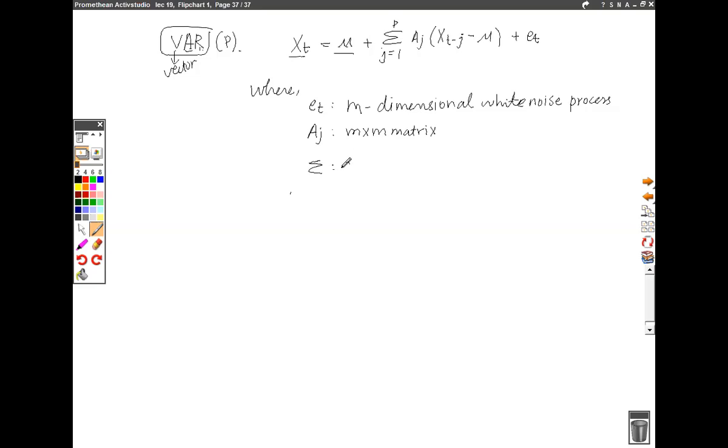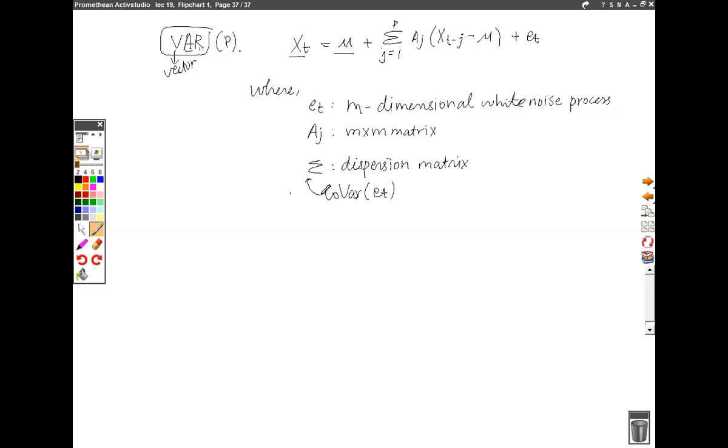It is this sigma here, and that is how you denote the dispersion matrix, which is just the covariance matrix, rather, to say it nicely, for ET. And it will have nice rows and columns. So yeah, that's how you write a vector autoregressive process.